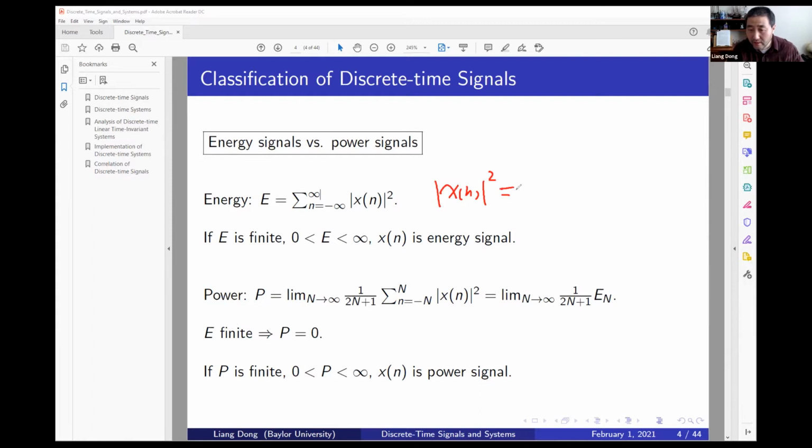If x is a complex signal, this part will be x(n) times x(n) conjugate. You sum the instantaneous power over the entire time span, and that's the energy. If the energy is finite, then x(n) is an energy signal. Okay.